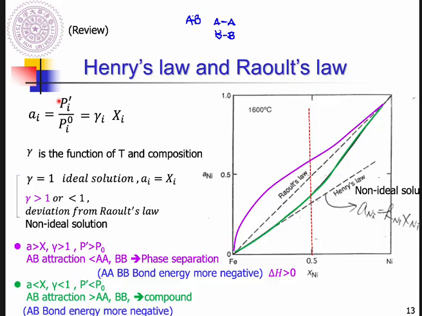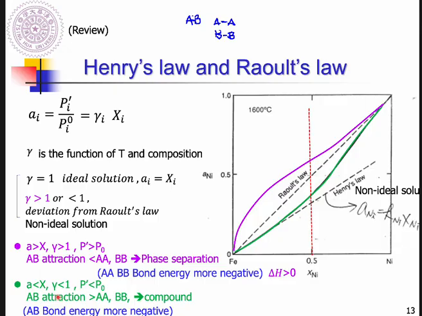After mixing is smaller, which means that the attraction after mixing is strong. So strong that it will lead the vapor pressure to be smaller. And the bond energy is more negative, so this is more stable, so the system tends to become a compound.